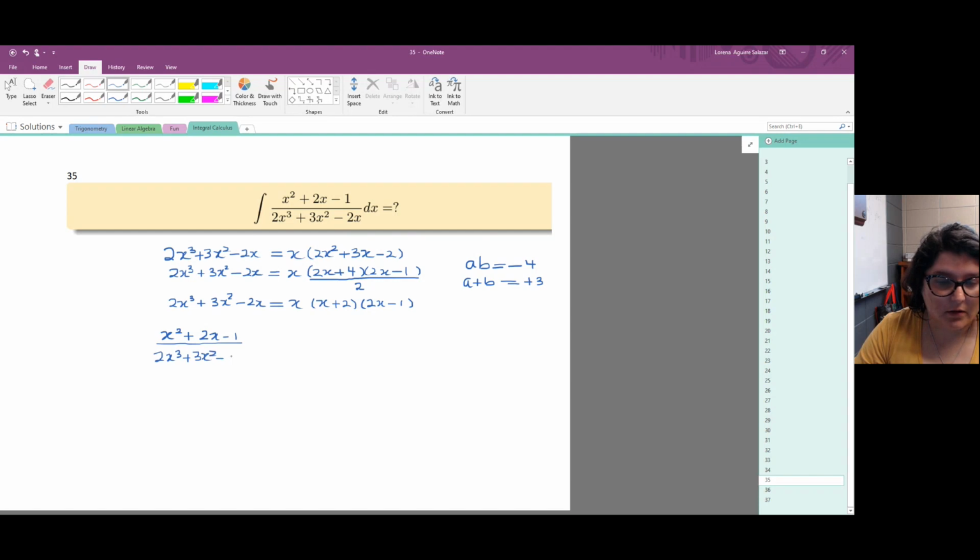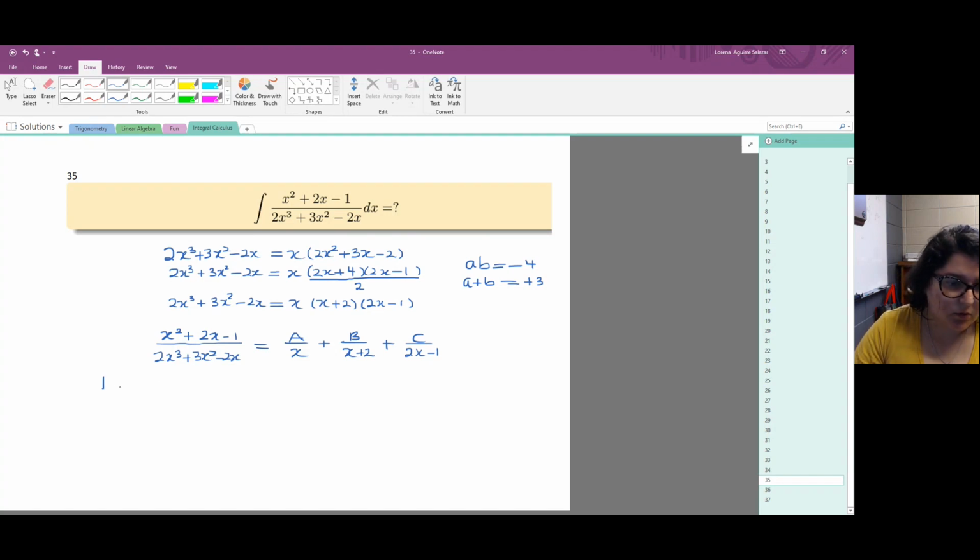We're looking at a constant to be determined divided by x, plus a constant divided by x plus 2, and then plus a constant divided by 2x minus 1. So the function we're integrating can be written in terms of 1 over x, 1 over x plus 2, and 1 over 2x minus 1. We need to find a, b, and c.